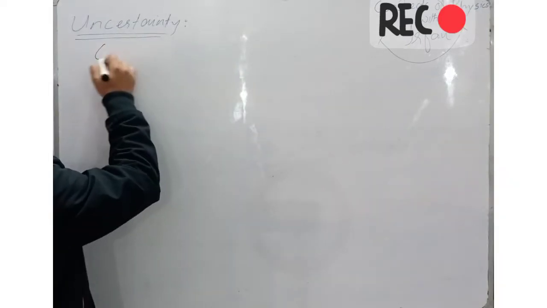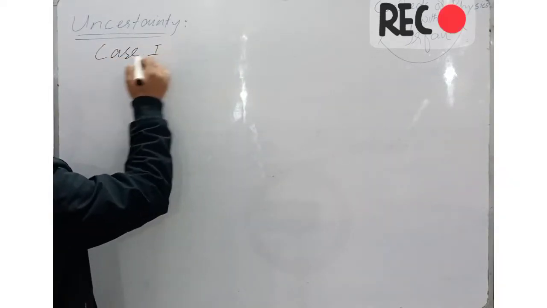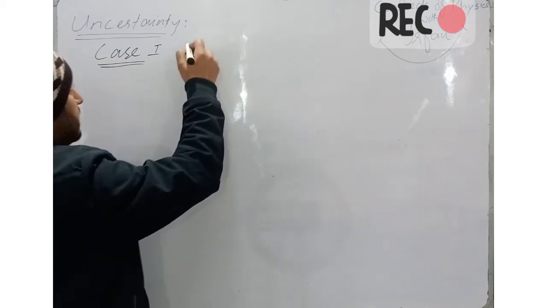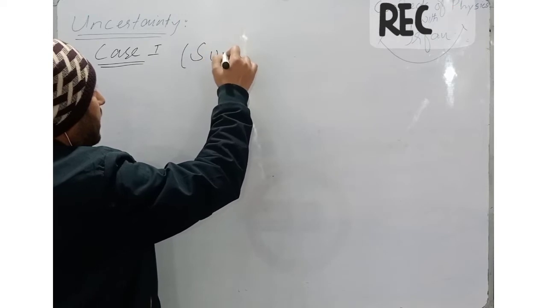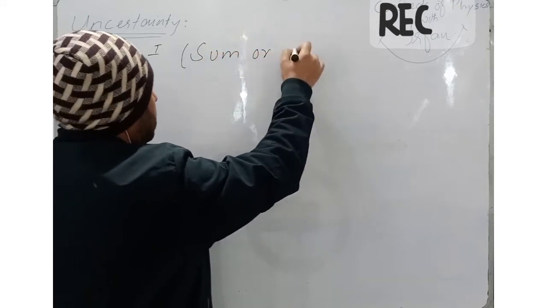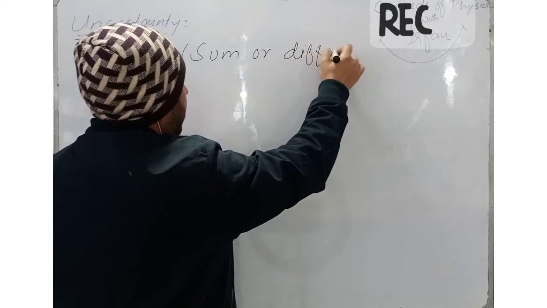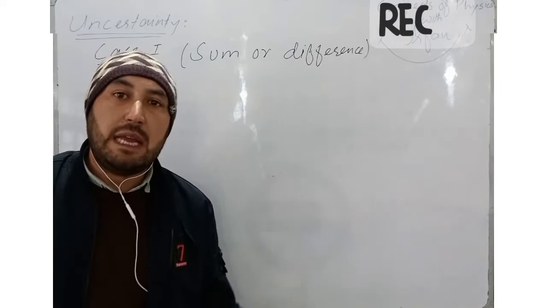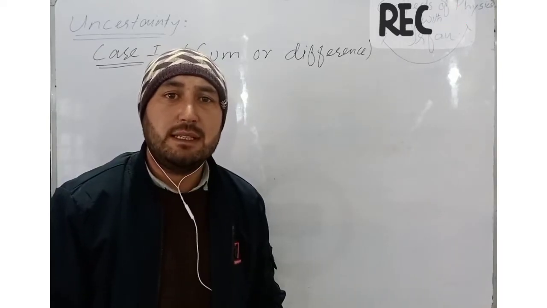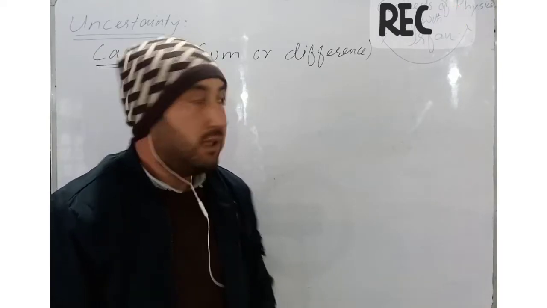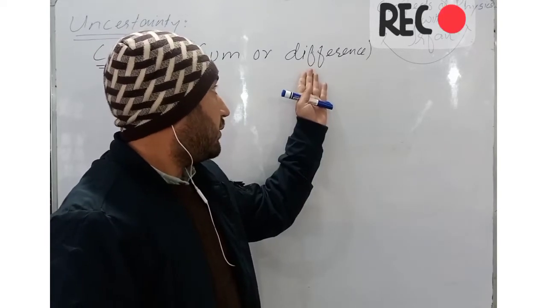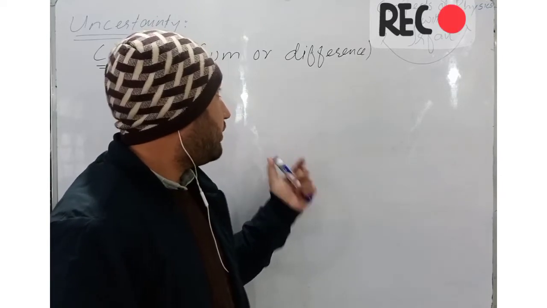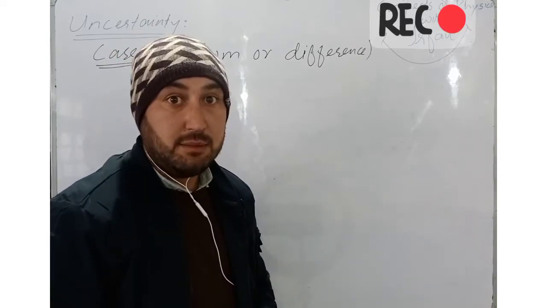The first is sum or difference. When 2 physical quantities are added, what will be the total uncertainty in such a calculation? And if we find the difference between 2 physical quantities, again we need to find the total uncertainty in the calculation.